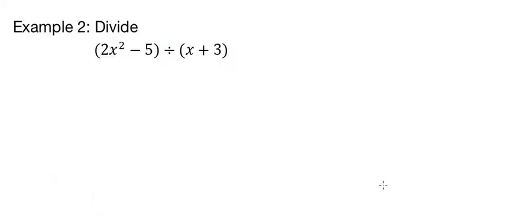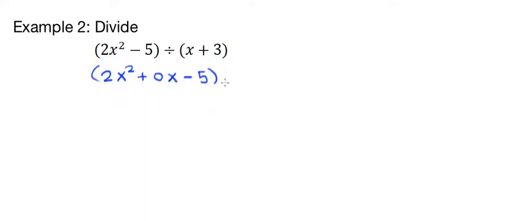Example 2, divide 2x squared minus 5 by x plus 3. Okay, when you look at the divisor, x plus 3 is of the form x plus something, so we can apply synthetic division. But before we do that, we should complete this polynomial, right? 2x squared minus 5 is not complete, but I can easily complete it by adding this term 0x, so 2x squared plus 0x minus 5.